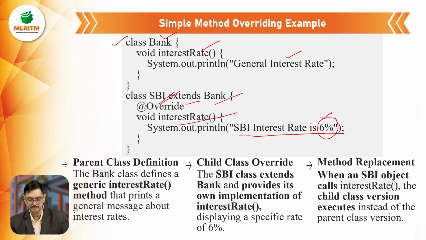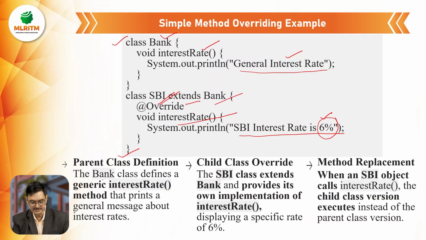So we have the parent class and child class with the same method called interest rate. The only difference is, in the parent class we included one statement, general interest rate, whereas in the child class method we included a specific interest rate of 6%. What we are following is, first of all, we create the parent class definition.